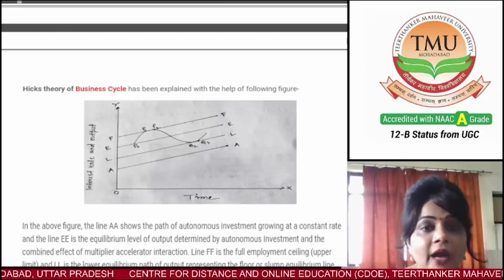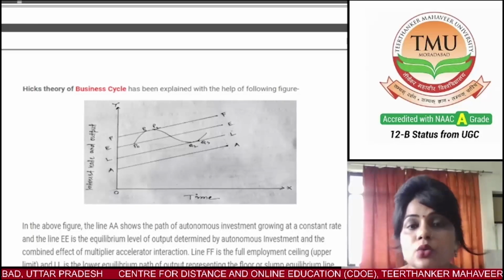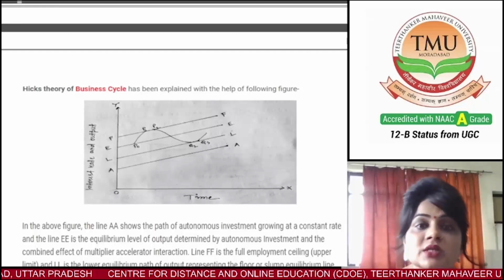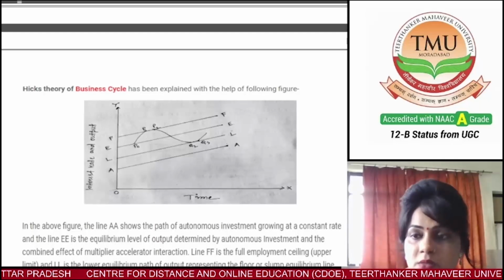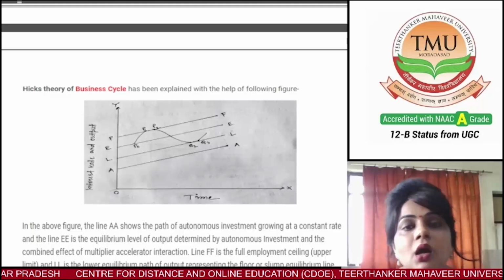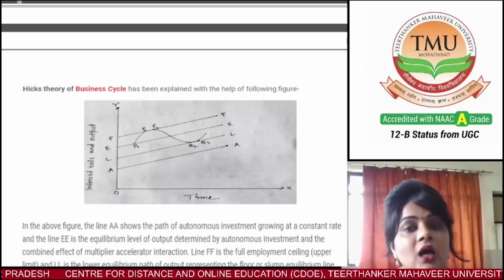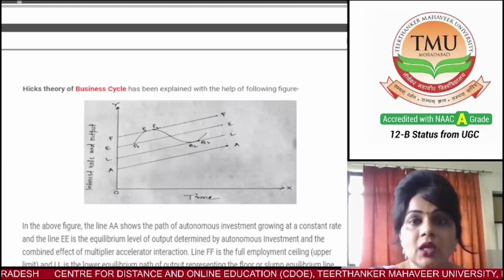Hicks assumes that autonomous investment grows annually at a constant rate given by the slope of the line AA.